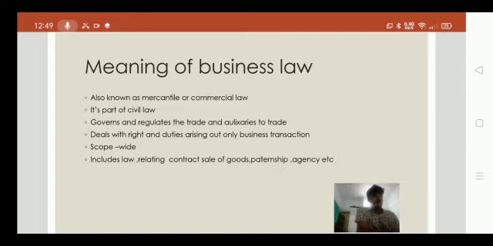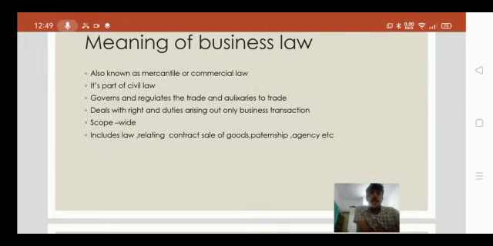It is a part of civil law which governs and regulates trade and the auxiliaries to trade.